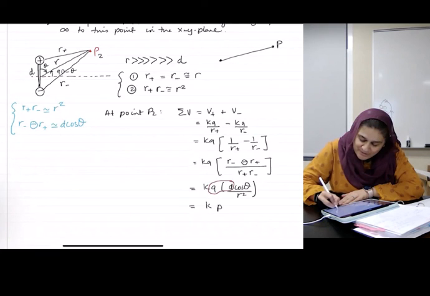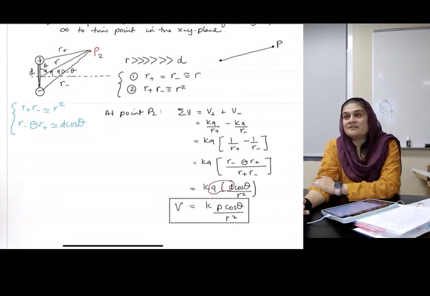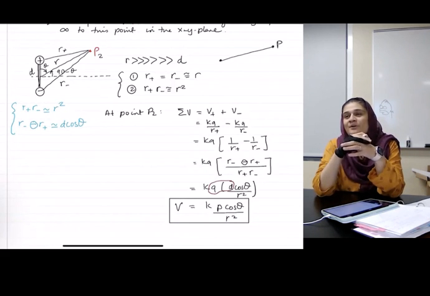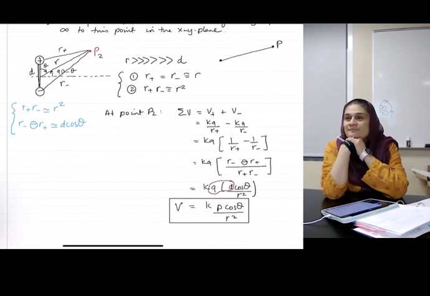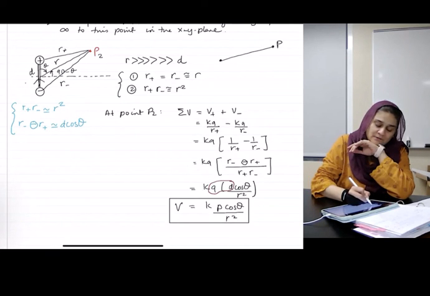So that'll just be P cosine theta divided by R squared. So V at any other point except for the absolute middle of your dipole will always have a value, which depends on P.